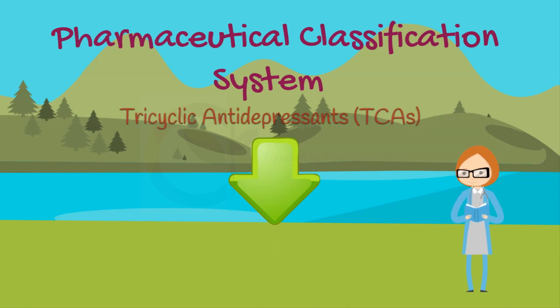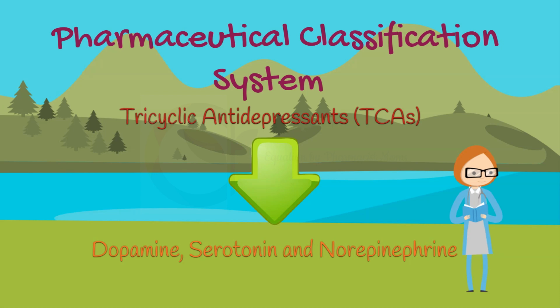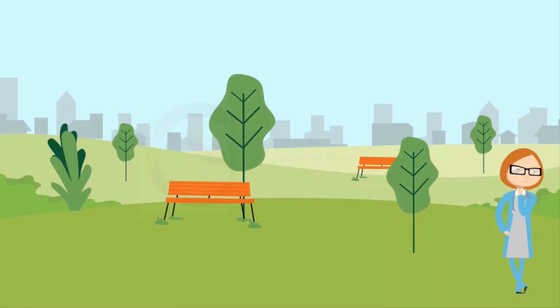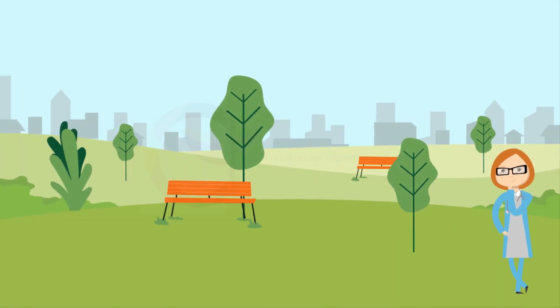Whereas tricyclic antidepressants, such as Elavil, act on 3 different neurotransmitters, that are dopamine, serotonin, and norepinephrine. Additionally, some selective serotonin reuptake inhibitors are used in the treatment of anxiety and personality disorders, and may be classified as drugs created to treat those illnesses on top.